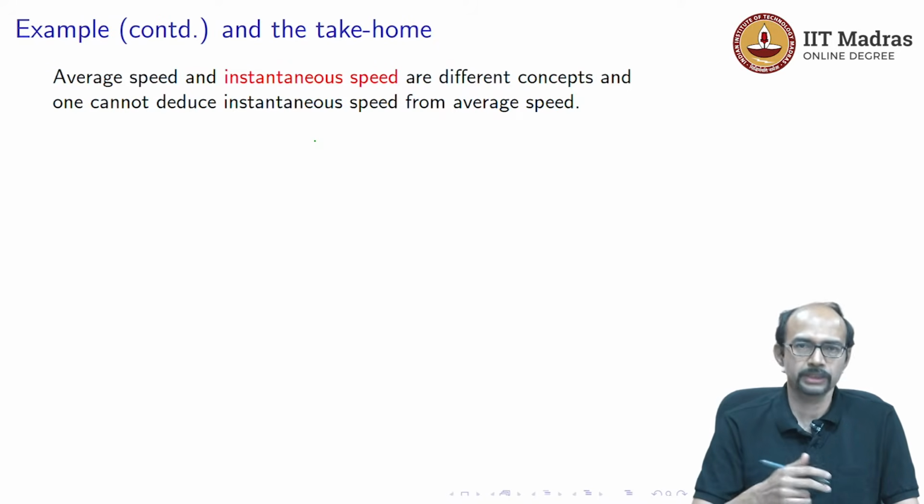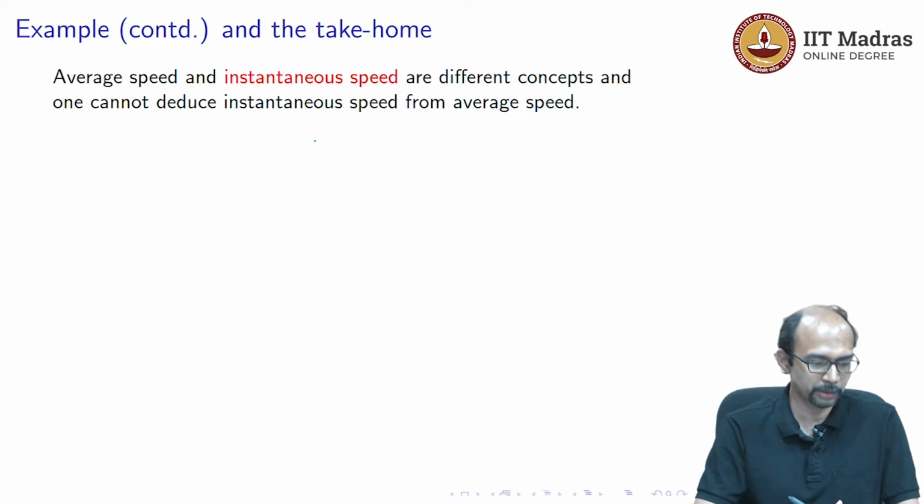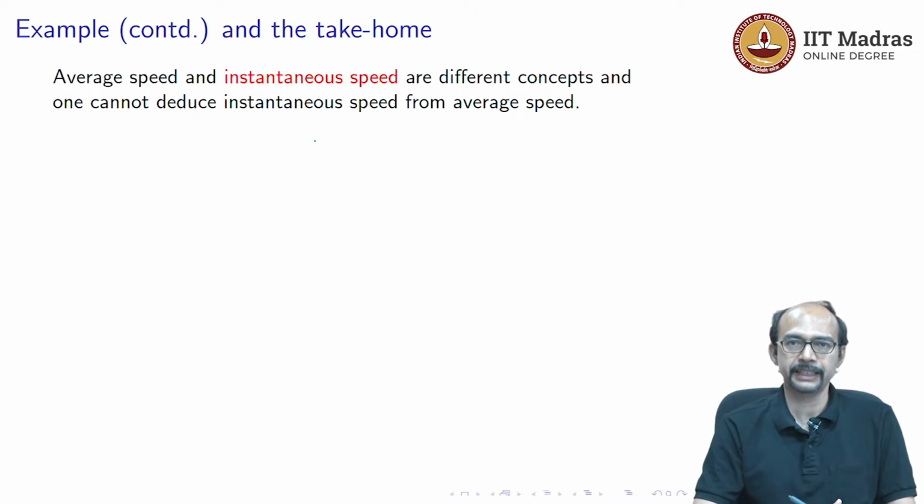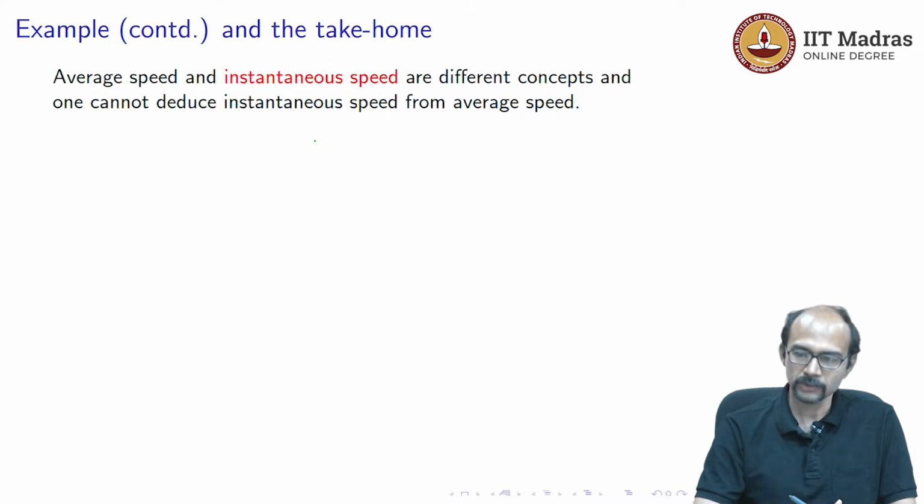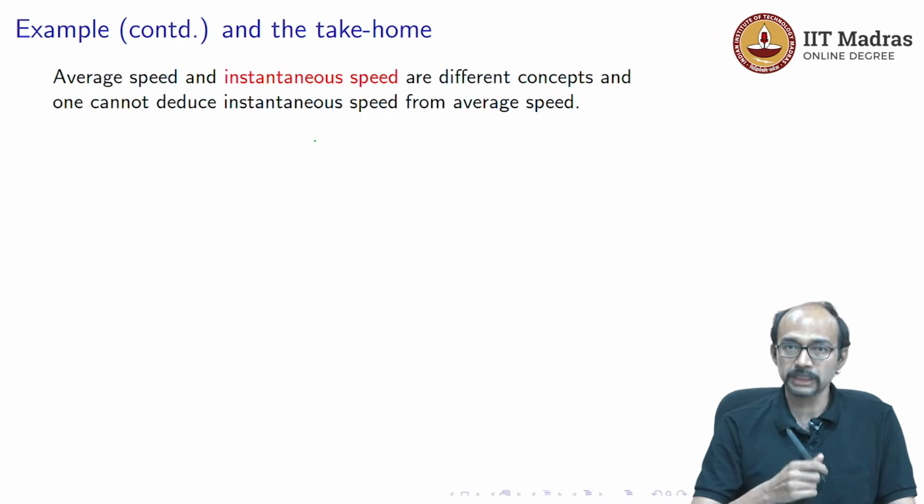The constable may have had a speed gun. Of course, this is not maybe so common in India, especially on national highways, but they could have had a speed gun, and typically if they have pointed it towards the vehicle, they know instantaneously what speed the vehicle is going at. So, that computes instantaneous speed, fine.